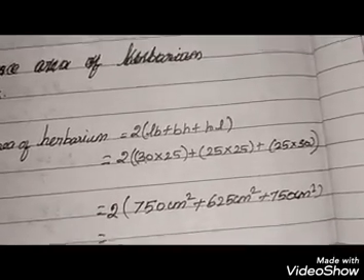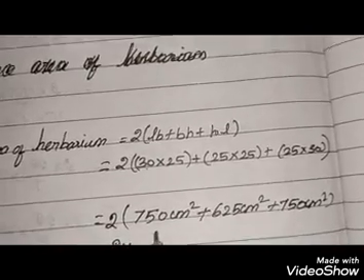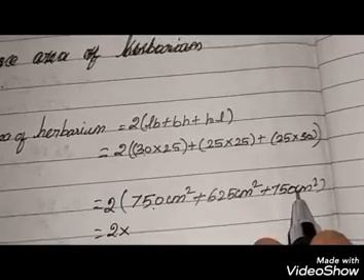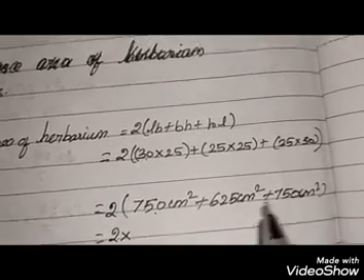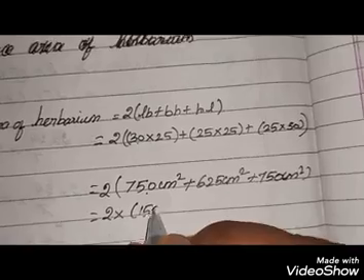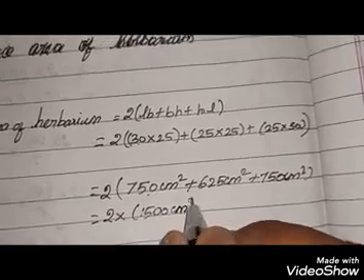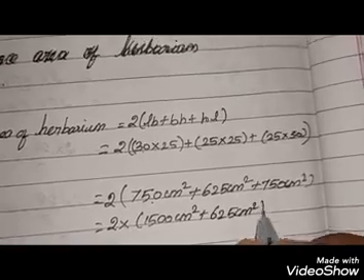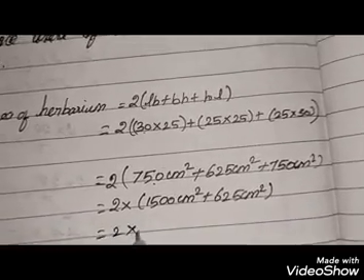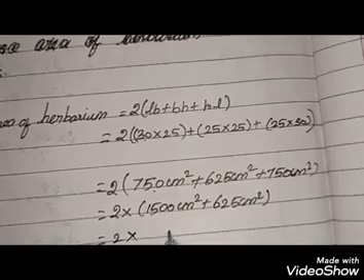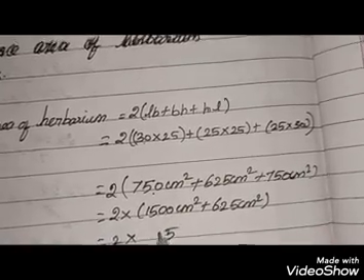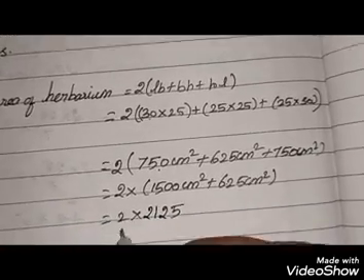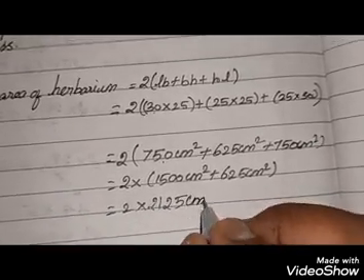Just add 750 plus 750. What do you get? It should be 1500 centimeter square. The remaining 625 I just write as it is. Now you add 1500 and 625. What you get should be 2125 centimeter square.